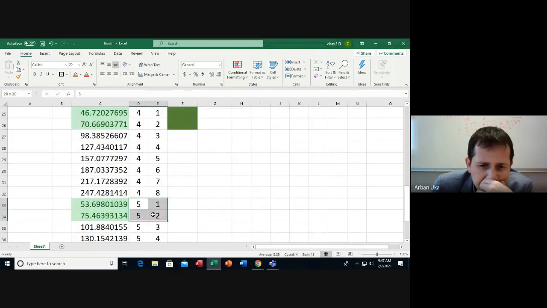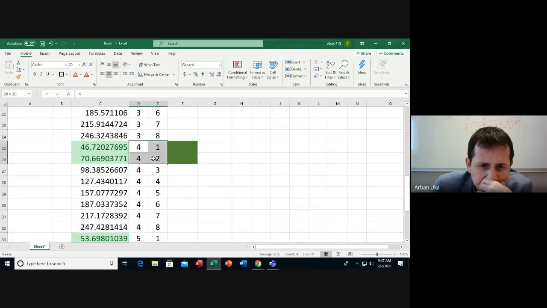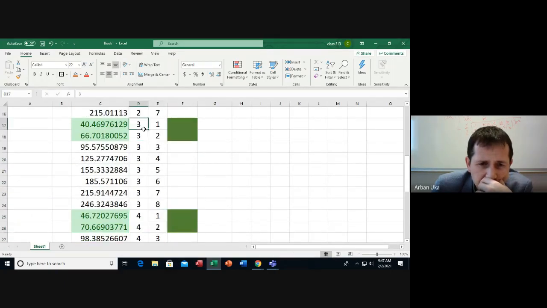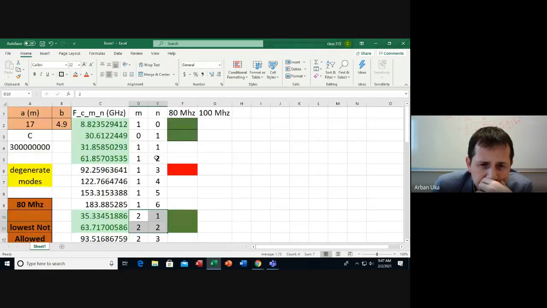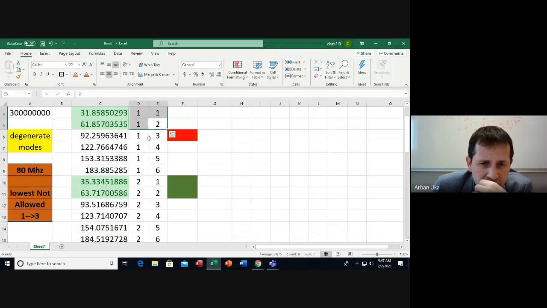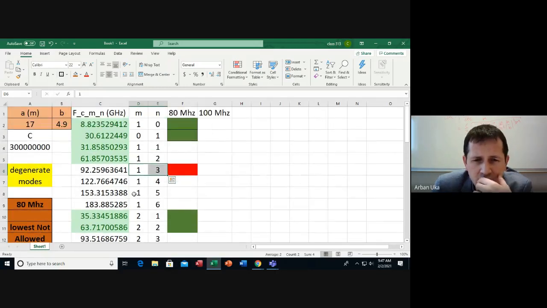So this is 1 2 up to 5, 1 2 up to 5, 1 2 up to 4, 1 2 up to 3, 1 2, of course 2 2 are fine. So anything which has one index 1 2 up to 5 is allowed. But 1 3, this is stopped. So 1 4, it is increasing too fast. So it looks like we understood the order of the modes which can propagate at this specific frequency.